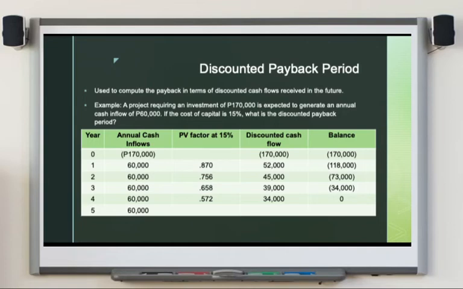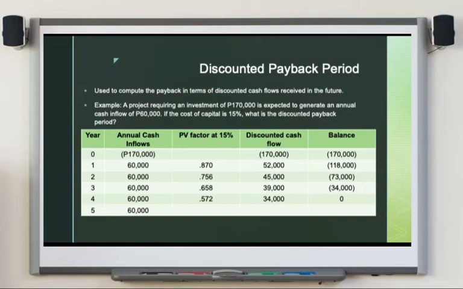So we are still lacking 73,000. On the third year, the present value of 60,000 is 39,000, so we still lack 34,000. On the fourth year, we can now recover the 34,000, so you simply deduct it from the balance, and therefore the total payback period using the discounted rate is 4 years.